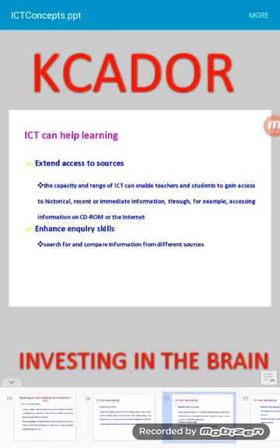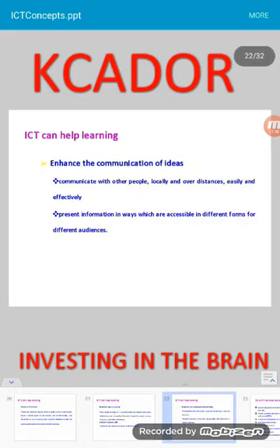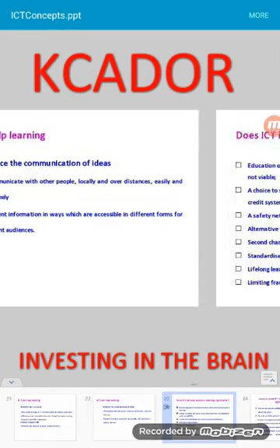So you can compare information from different sources. ICT can help learning, enhance the communication of ideas. For example, communicate with other people locally or over distance easily and effectively, and present information in ways which are accessible in different forms for different audiences.